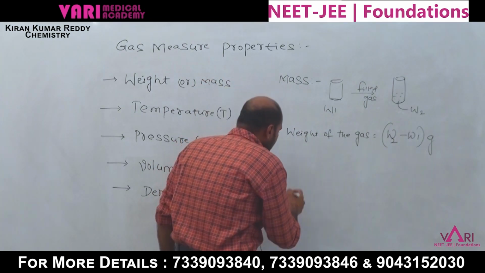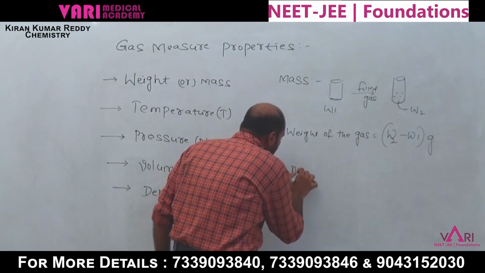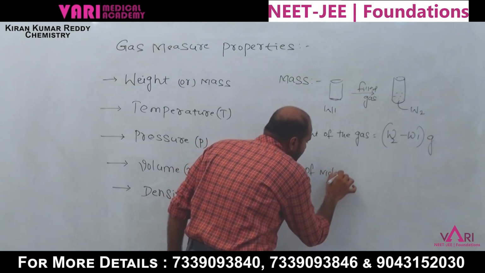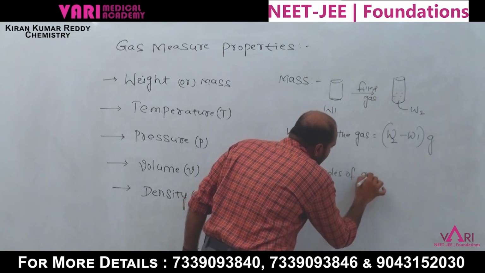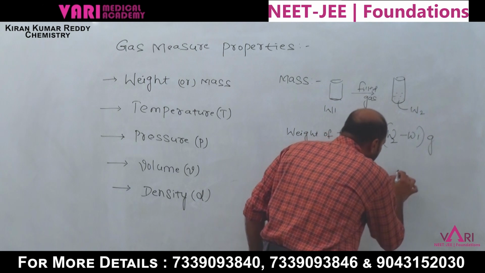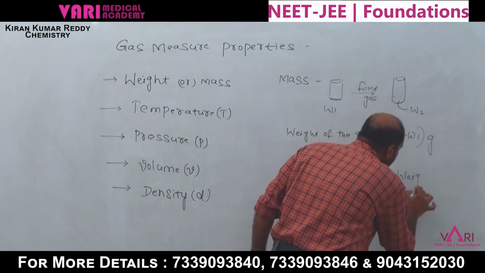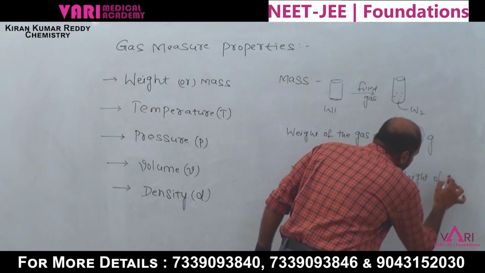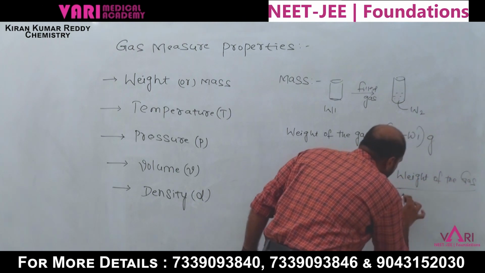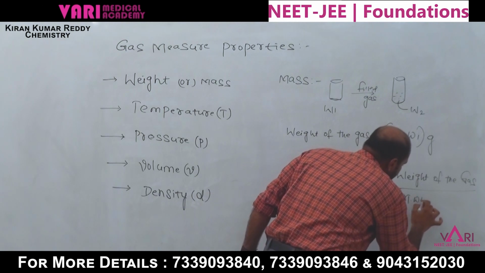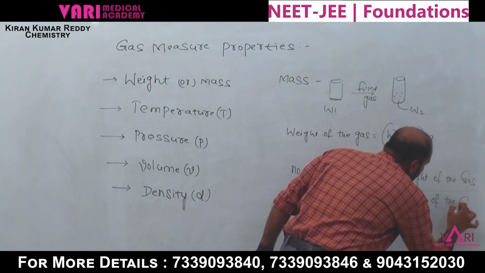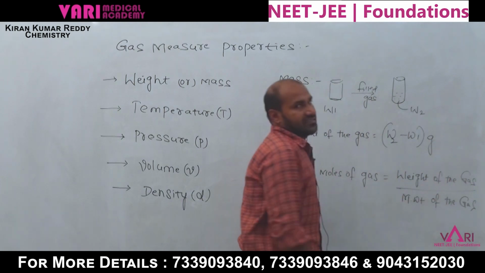Next, we can take the number of moles of gas. Number of moles of gas is equal to weight of the gas, or mass of the gas, divided by the molecular weight of the gas, or molecular mass of the gas.